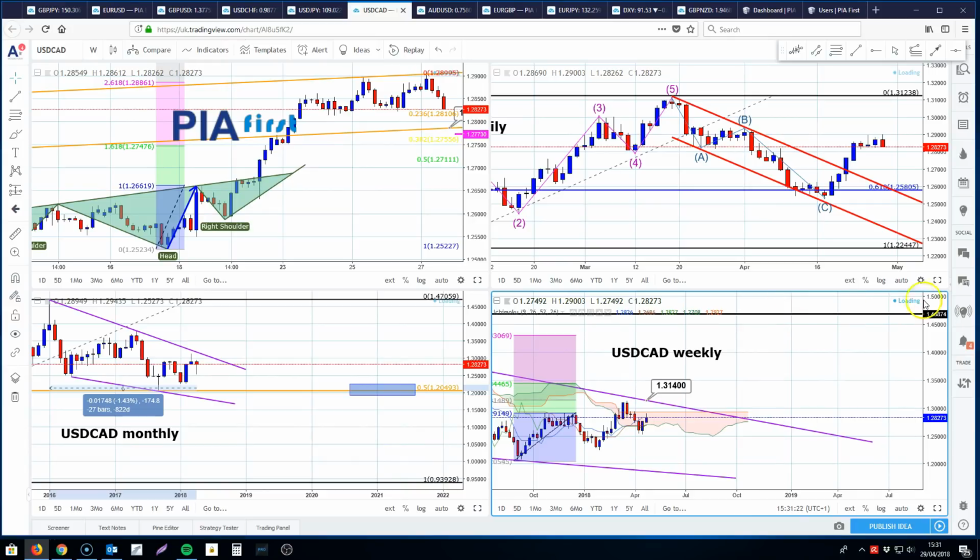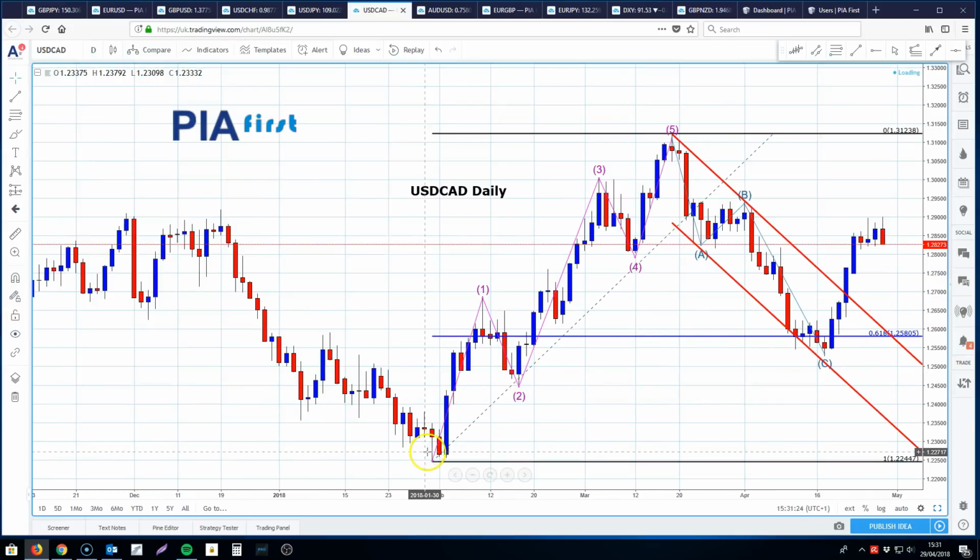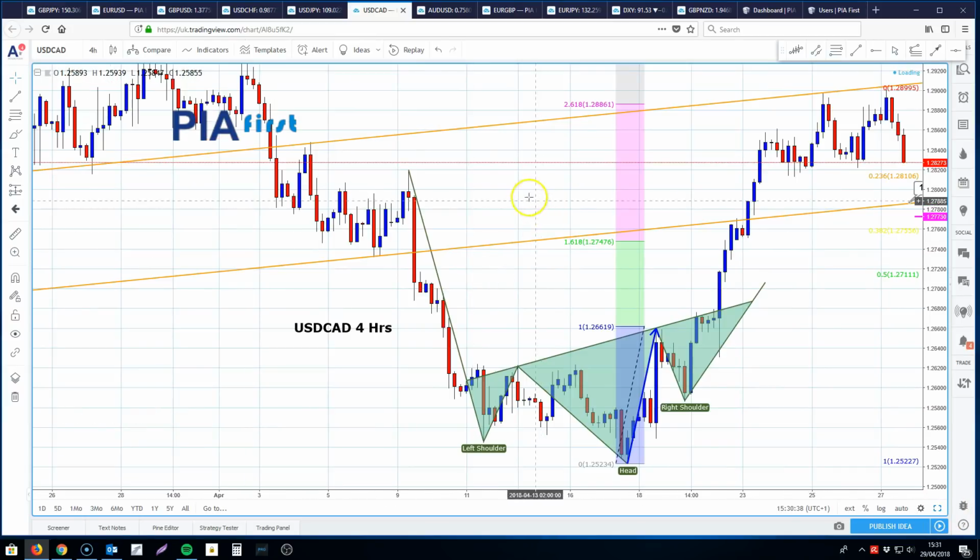The daily chart shows the last move in 5 waves, then down in 3 waves. Again, finding buyers, breaking the channel formation to the upside and finding buyers near the 61.8% pullback level. Now, we saw a correction lower as that dollar index hit that channel top on Friday. But again, we're looking for that to be pretty limited.